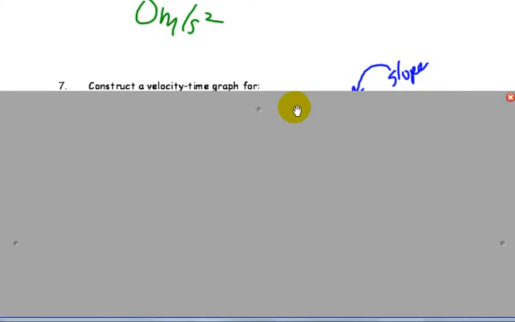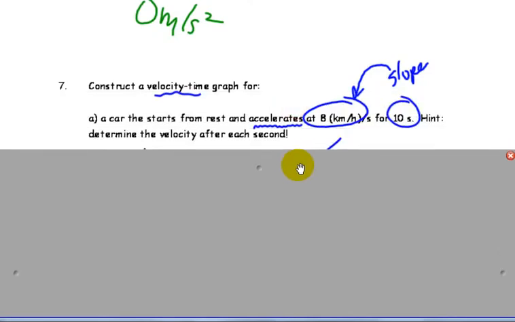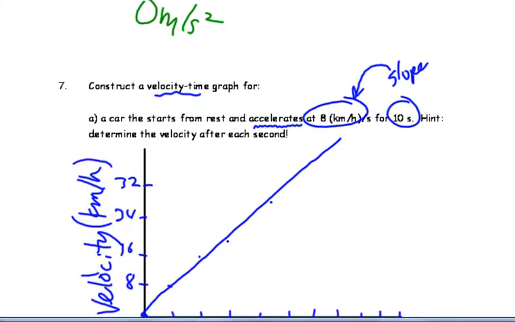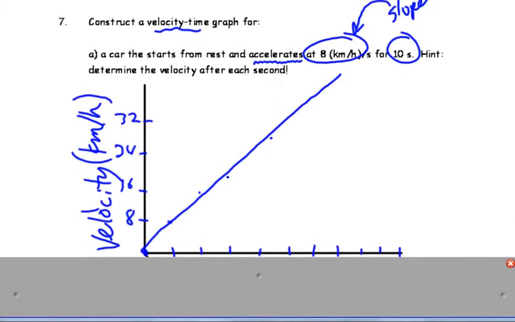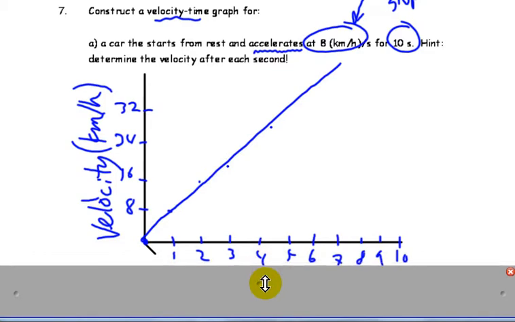Okay, number 7. Construct a VT graph that looks like this. A car starts from rest and accelerates 8 kilometers per hour for 10 seconds. So what we can do here is say, for every second, our speed changes by 8 kilometers. After 1 second, you're going 8.